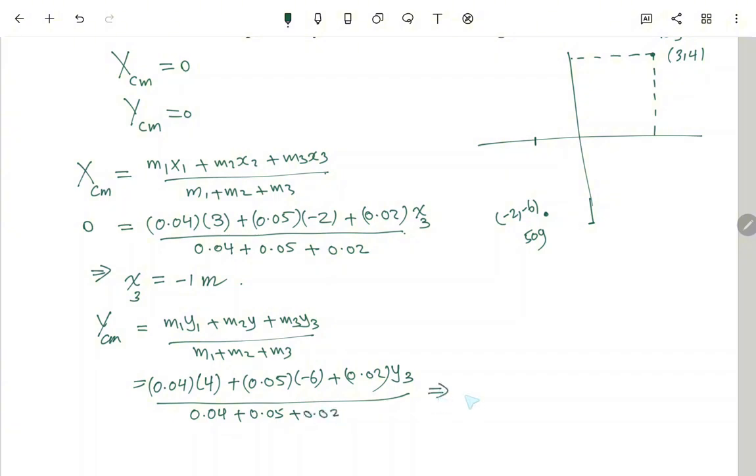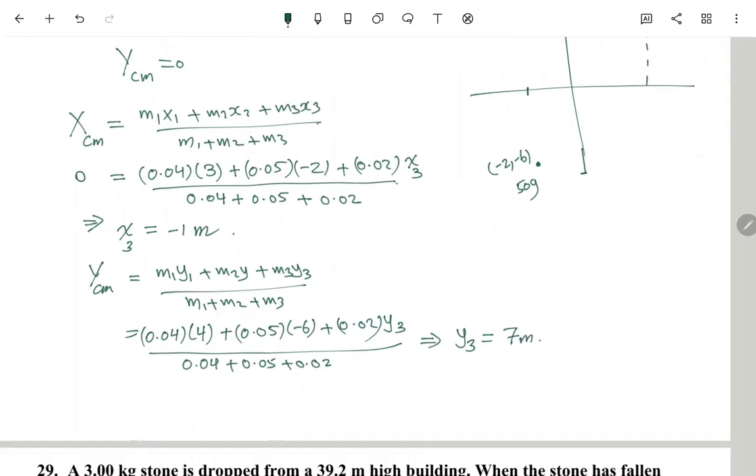If we solve this one here, Y3 will be equal to 7 meters. So the position for the 20-gram object should be X and Y, in this case, -1 and 7 meters.